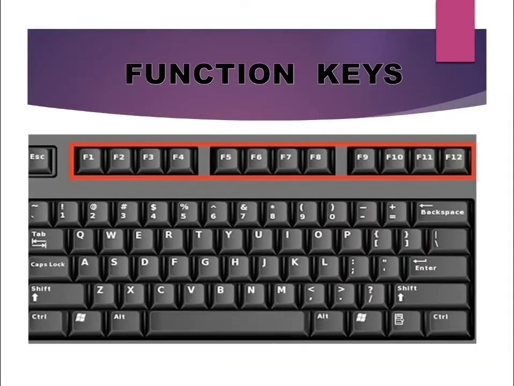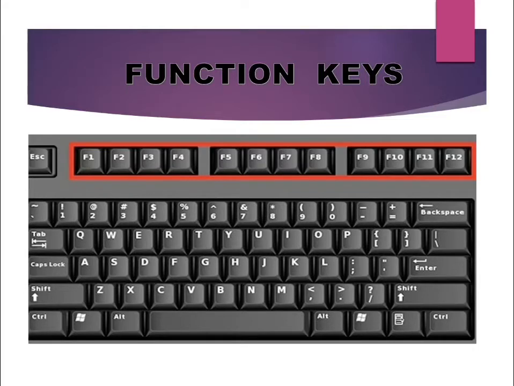Next are the function keys. As the name suggests, these keys starting from F1 to F12, sitting at the first row of the keyboard, have some functions assigned. Every key has some fixed functions assigned. Like pressing F12, you may go inside the BIOS.